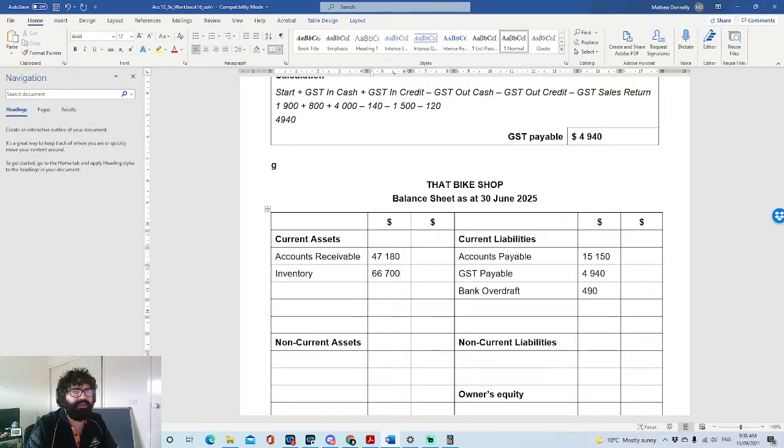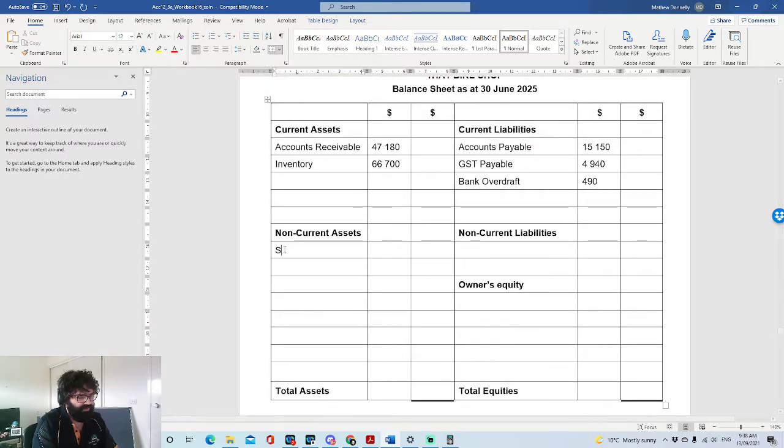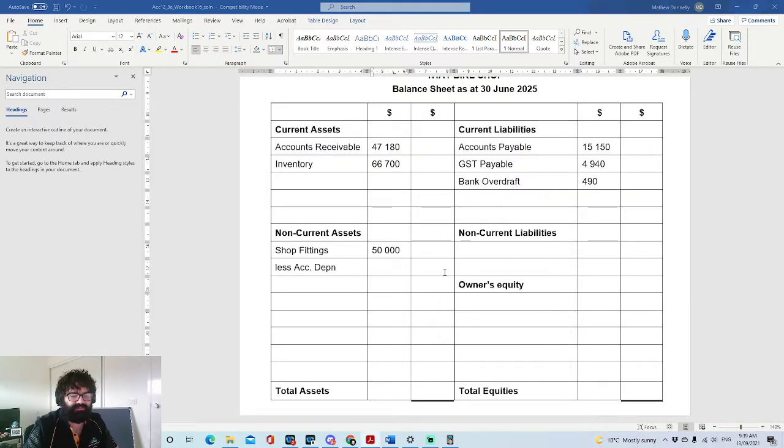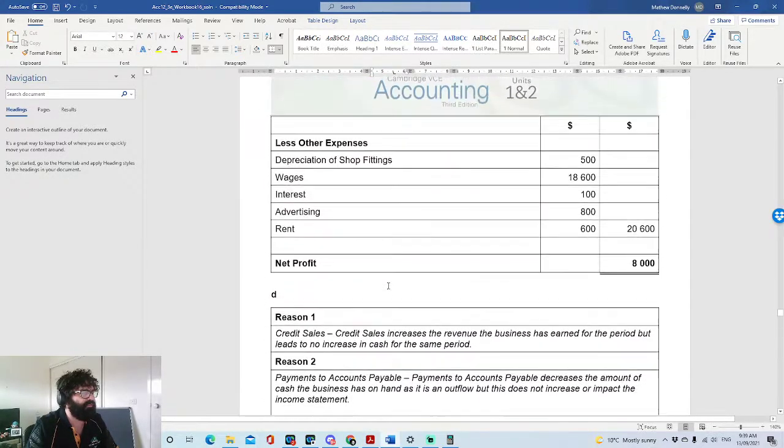And then I go accounts receivable, which I've got. The next one is shop fittings. I didn't buy anything extra, so that stays at 50,000. Less accumulated depreciation. You should try and endeavor to write it out in full, not be lazy like me. The starting amount was 17,100, so that's what they started with.